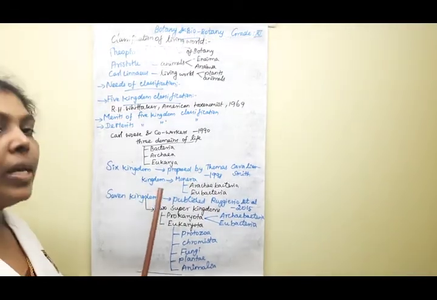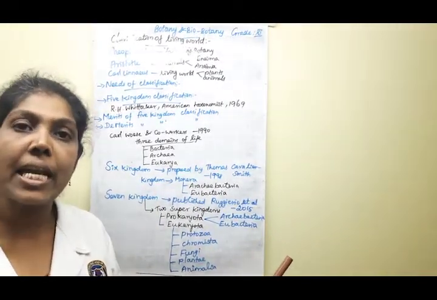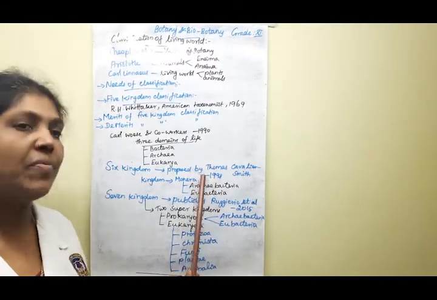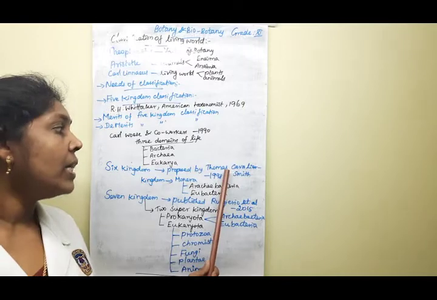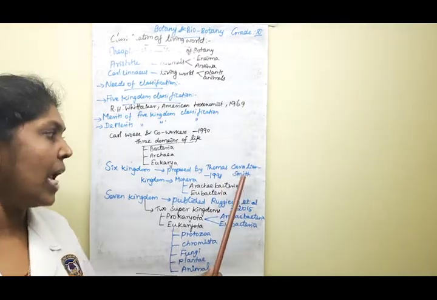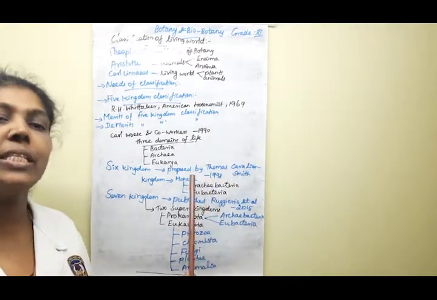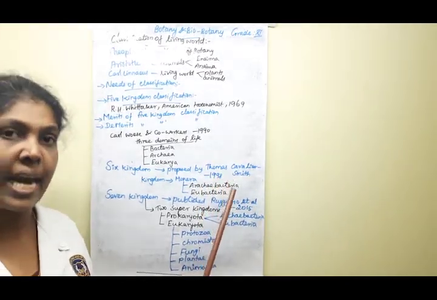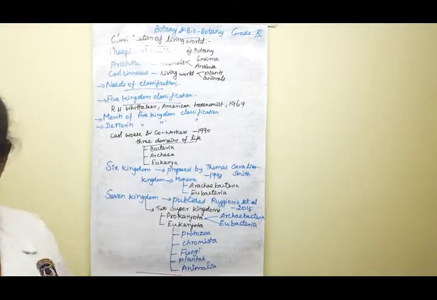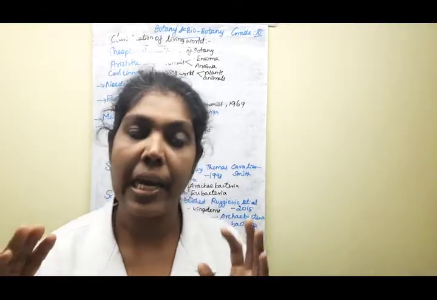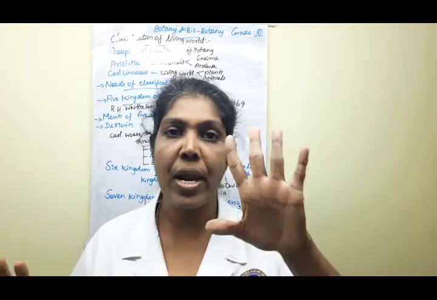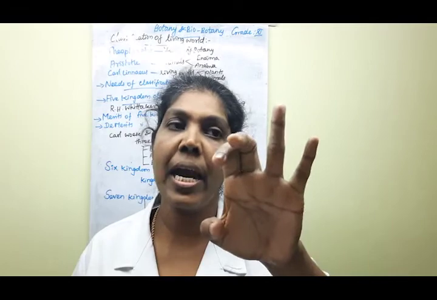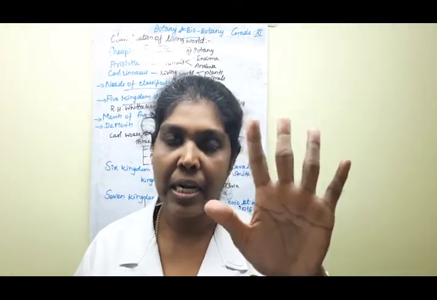Next, the 6 kingdom system of classification was proposed by Thomas Cavalier-Smith in the year 1998. First, you know the 5 kingdom system of classification clearly: Monera, Protista, Fungi, Plantae, Animalia. Clear, children? Is it thorough?